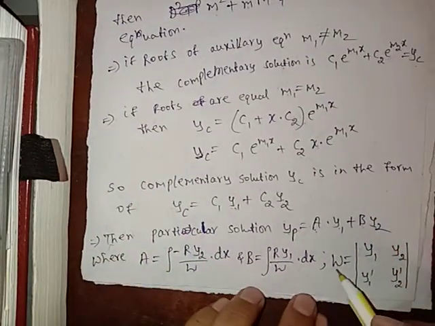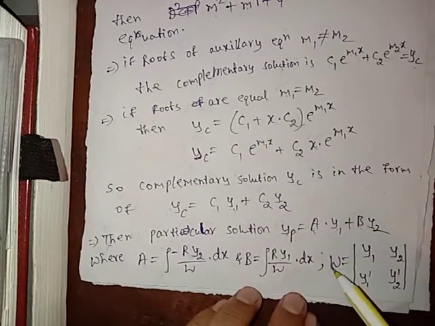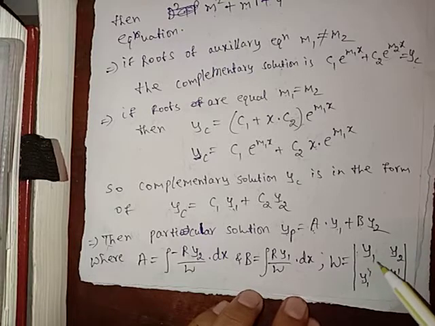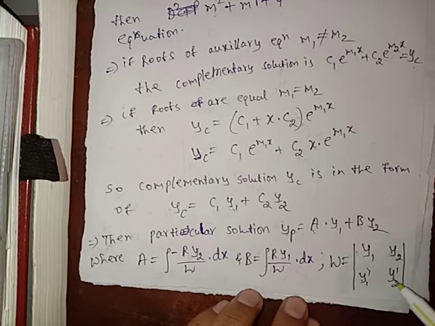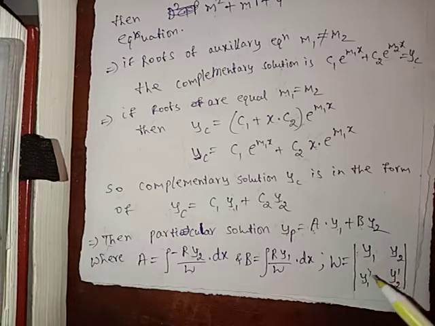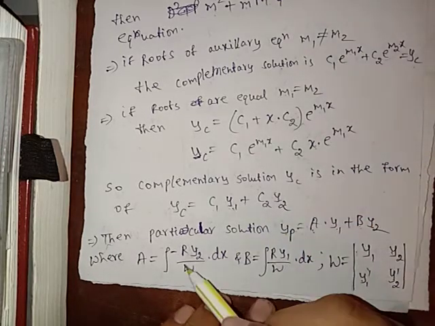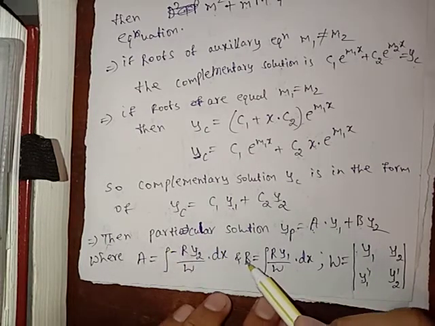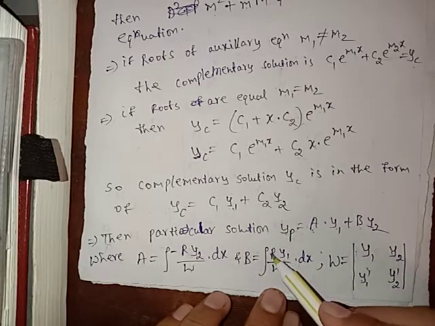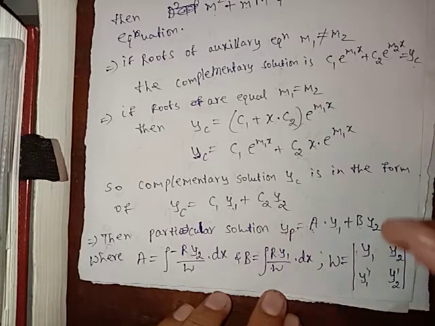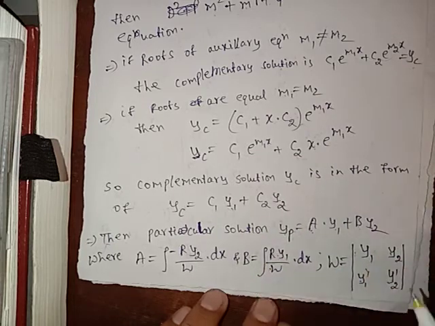W is the Wronskian of the differential equation, the determinant with rows y1, y2 and y1', y2', where y1' and y2' are the derivatives with respect to x. Similarly b is the integral of r y1 divided by W, dx, with no minus sign. This is how to find b.